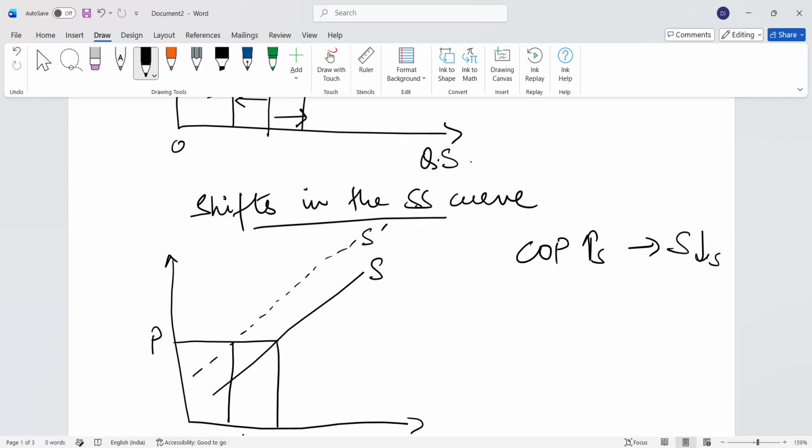So any decrease in supply will be demonstrated on a graph by a leftward shift in the supply curve.